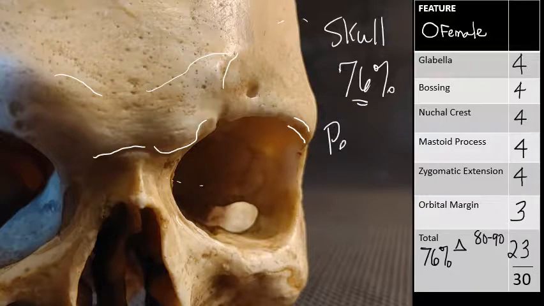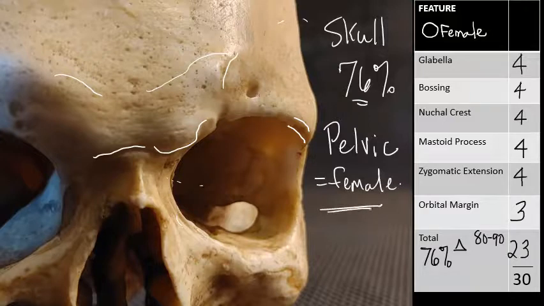When we move to that pelvic region, what we're going to find is features that are consistent with female. And that's going to cause us to reflect upon that. In some of these cases, the question would be indeterminate, and we can't make a clear conclusion. In this case, we can because we are working with a known.